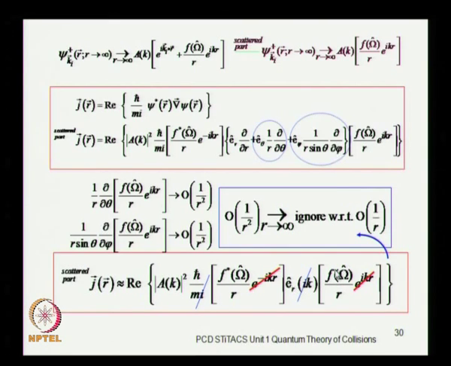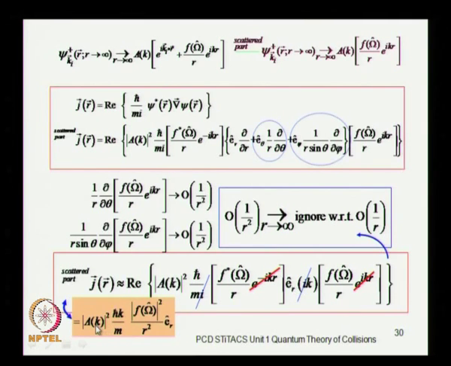F is the complex scattering amplitude and you get its modulus square. And then what else do you get? You get h cross k over m, which is the velocity, and then there is a 1 over r here and a 1 over r here, so you get 1 over r square.